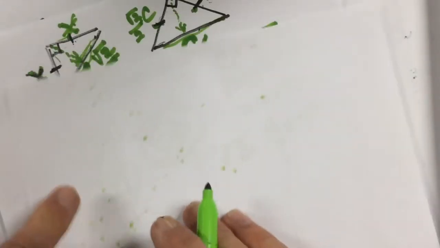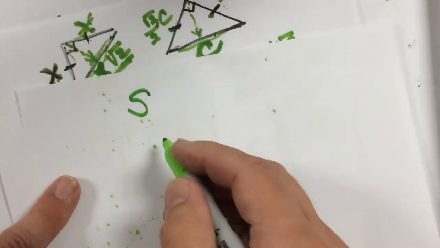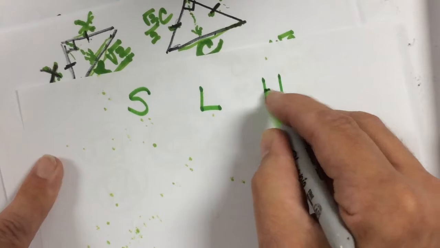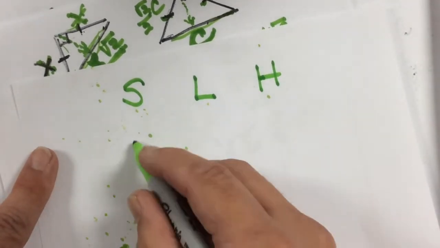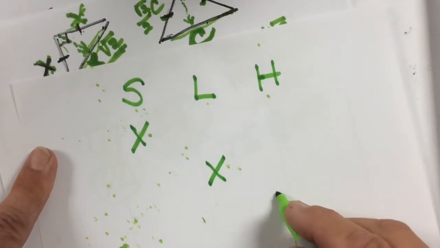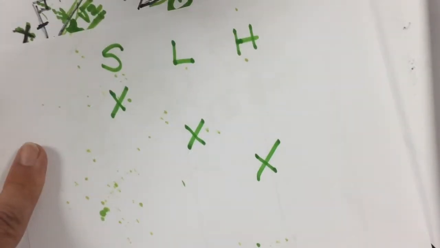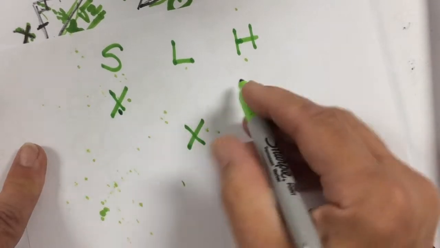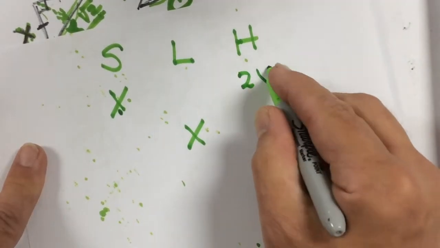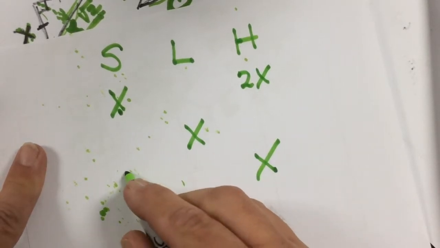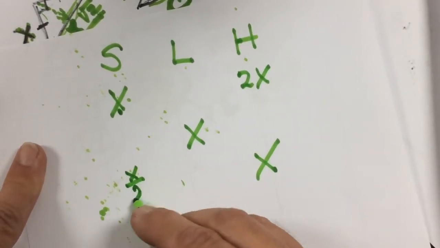Take a look at this. The short leg, the long leg, the hypotenuse. I can give you this, I can give you this, or I can give you this. If I give you the short leg, the hypotenuse is 2 times as big. If I give you the hypotenuse, the short leg is half as big.